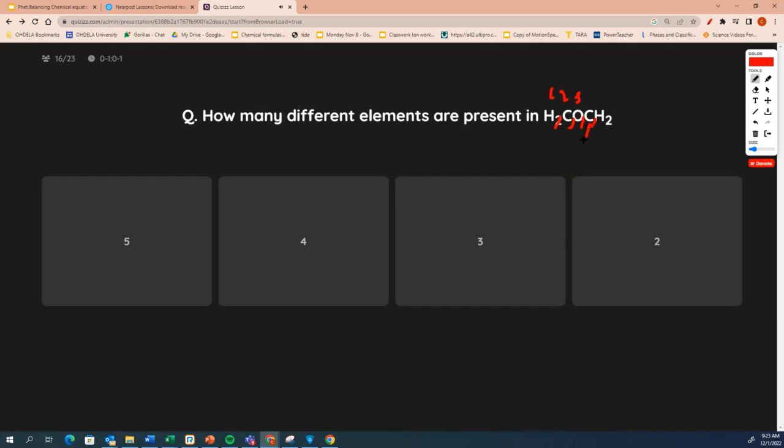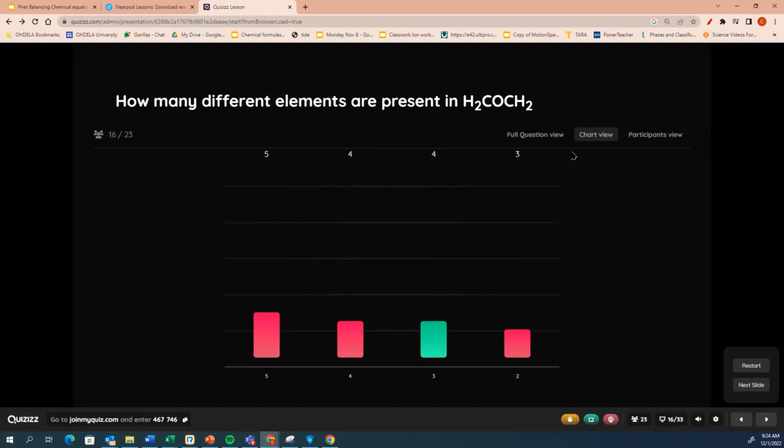But because these are the same, they wrote it kind of weird here because it should be C2. So there really is 1, 2, 3, 4, not 5. Because you have the carbon twice, that was messing you up. I'm sorry, that probably did. All right, so just 3. So 1, 2, 3, and then the hydrogen. See, they have hydrogen as well. They sometimes do that. And again, I won't be trying to fake you out like they did here. I should have taken that slide out.